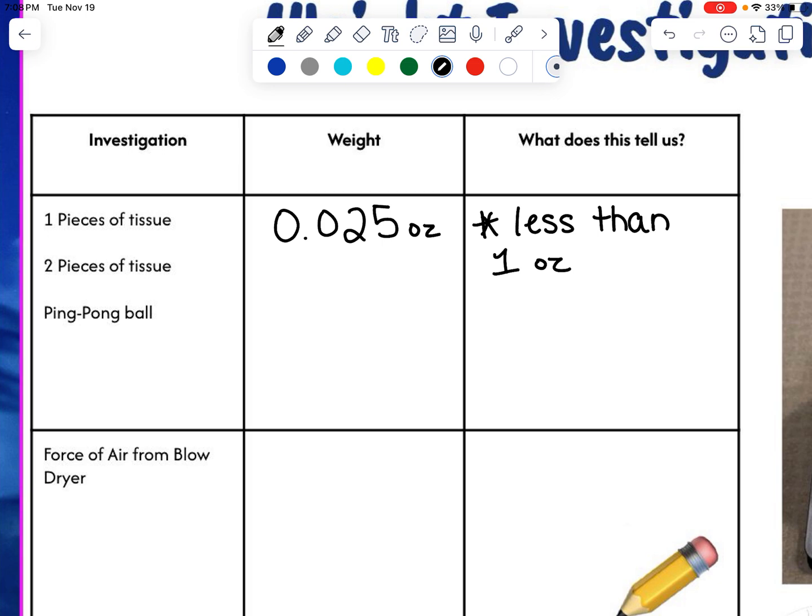Two pieces of tissue, which you might be able to predict if you're a math happy friend, 0.055 ounces. The weight of a ping pong ball, pretty light object, weighs 0.08 ounces. So they're all coming in at less than an ounce.